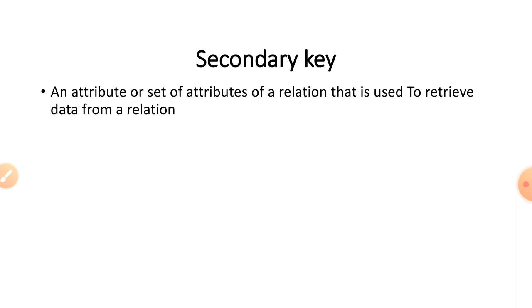Suppose in a student relation the class ID field may contain values like ICS department, pre-medical, pre-engineering or different departments, okay. In a student relation multiple records may have a value like ICS in the class ID field and so on.